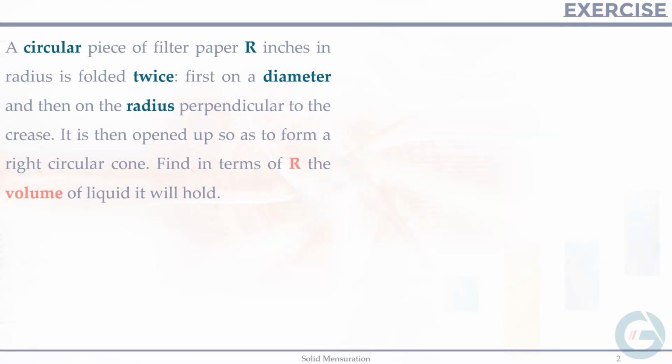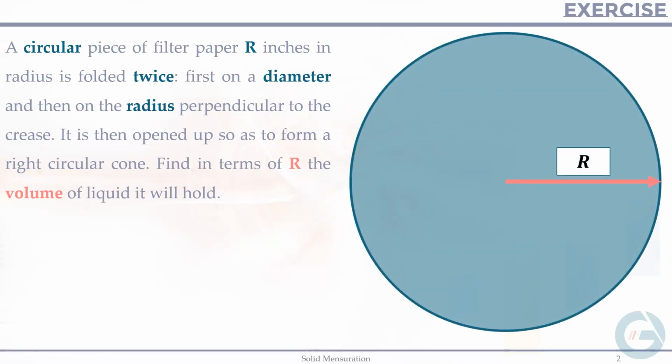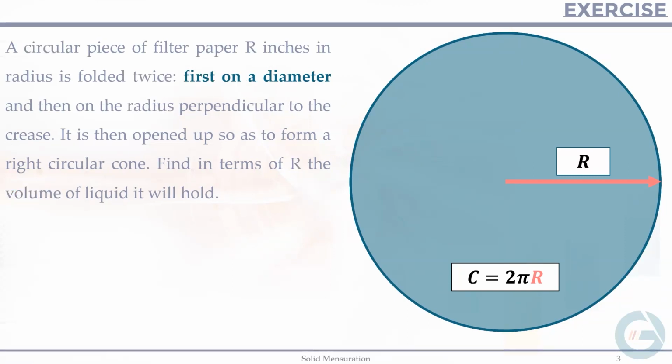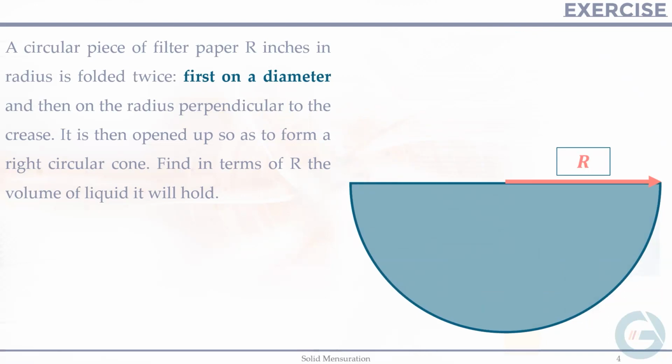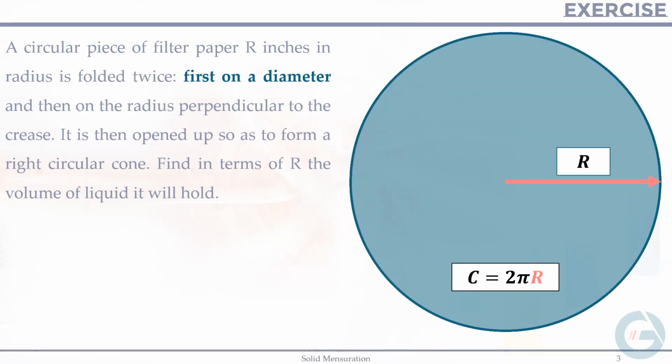Okay, so let's visualize this problem. First, we have a circular piece of paper with radius r, and the circumference of this piece of paper is given by this formula, of course, C equals 2 pi r. The next step is to fold this piece of paper on the diameter. What happens to the circumference now?